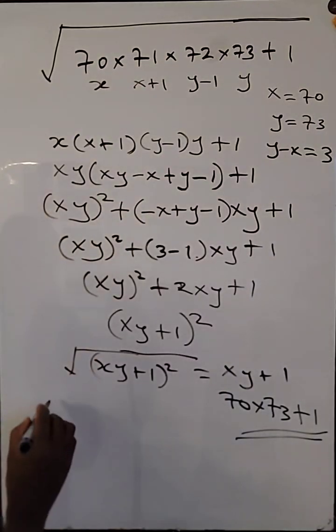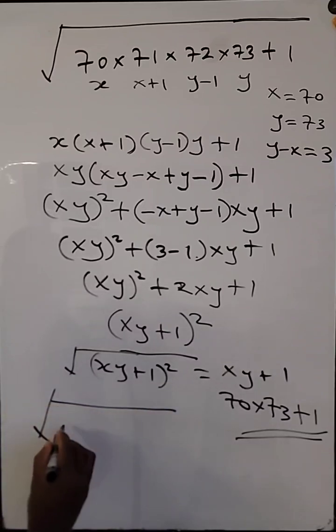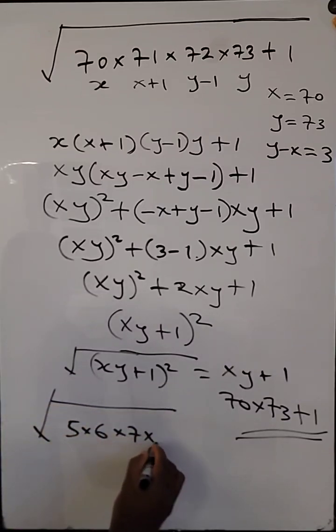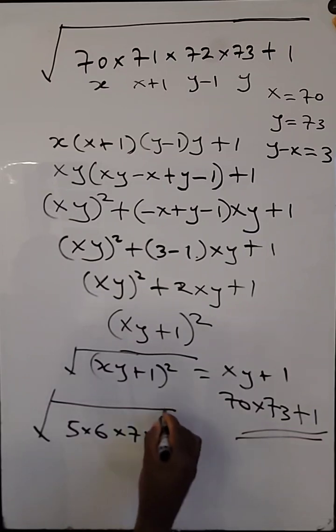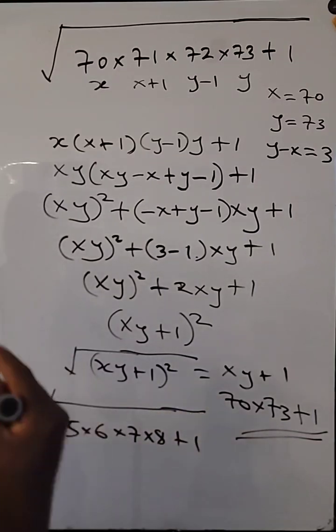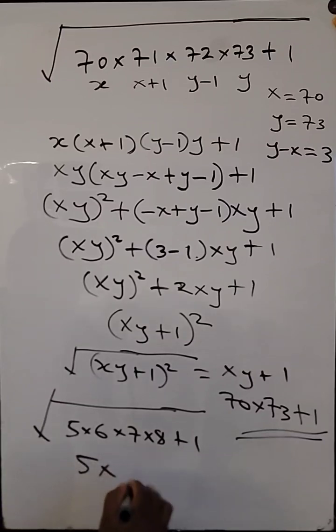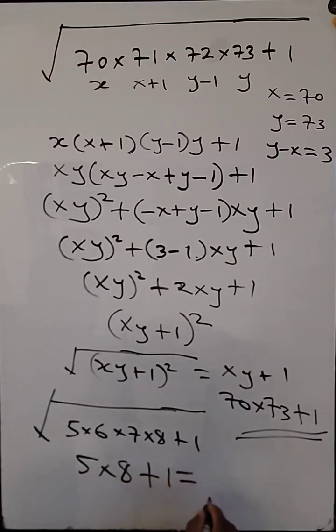So for example, if you have the square root of 5 multiplied by 6 multiplied by 7 multiplied by 8 plus 1, the square root of this will always give you the smallest, which is 5, multiplied by the largest in the consecutive numbers, 8, plus 1, which will give me 41 in this case.